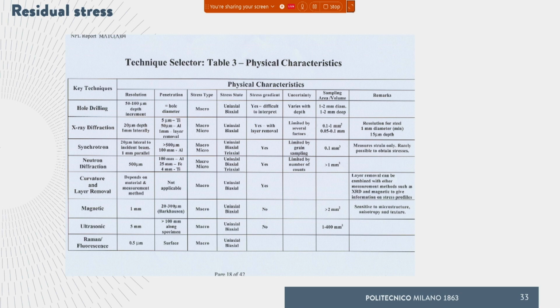Oh, I forgot to tell you about the FWHM, the full width at half maximum. If we have the diffraction peak, the full width at half maximum is the angular width of the peak at half the maximum. And this quantity is related to type 2 micro residual stresses, so it is related to micro plastic strain.